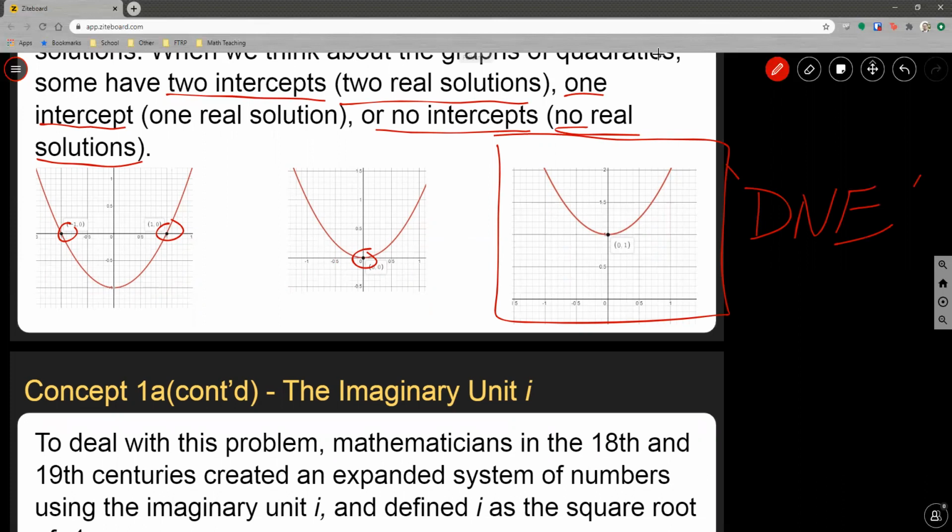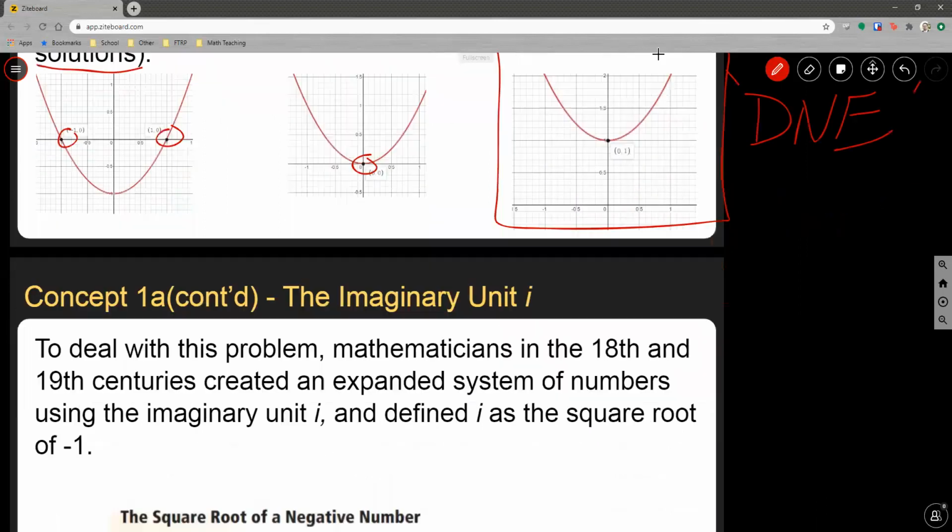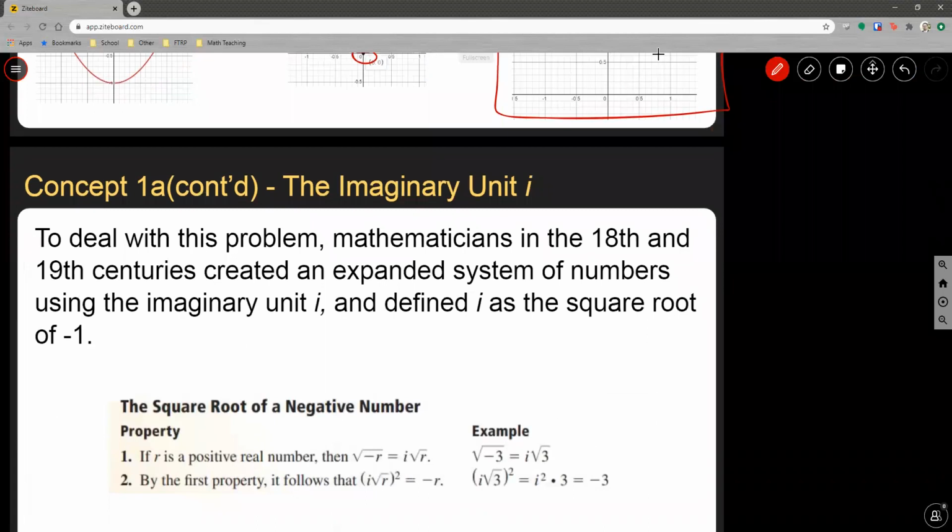We're going to get a little bit more specific and actually have some values here. To deal with this problem, mathematicians in the 18th and 19th centuries created an expanded system of numbers using the imaginary unit they called I, and they defined I as the square root of -1. Remember, before we couldn't take a square root of a negative, but now they're saying if I've got a square root of -1, we're going to call that value this weird number I.